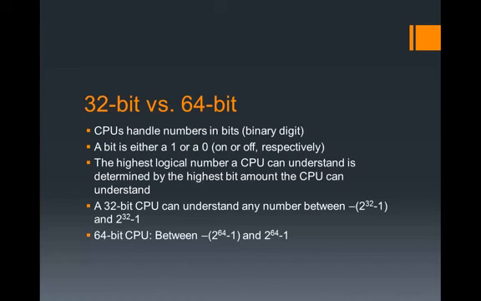Whatever the pattern may be, that's what the CPU recognizes as the number. That's how computers can understand human, logical numbers. So the highest logical number a CPU can understand is determined by the highest bit amount the CPU can understand. That's a very confusing little statement there.